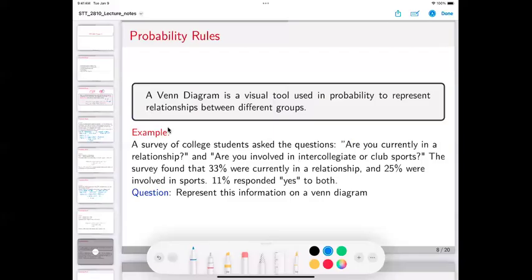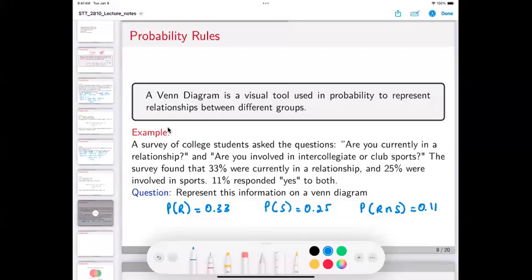So we know that P of R is equal to 0.33. P of S is equal to 0.25. And then P of R intersection S is equal to 0.11.